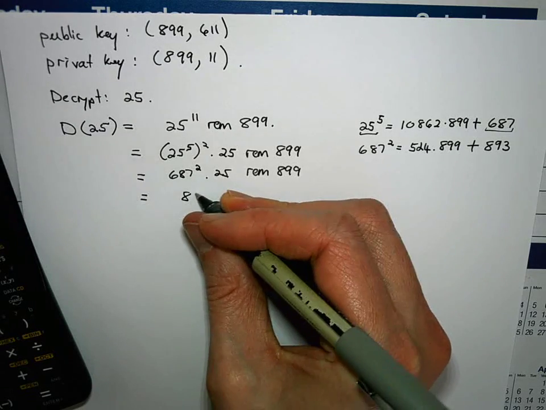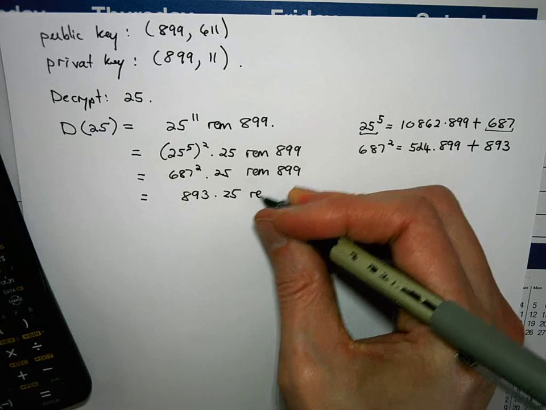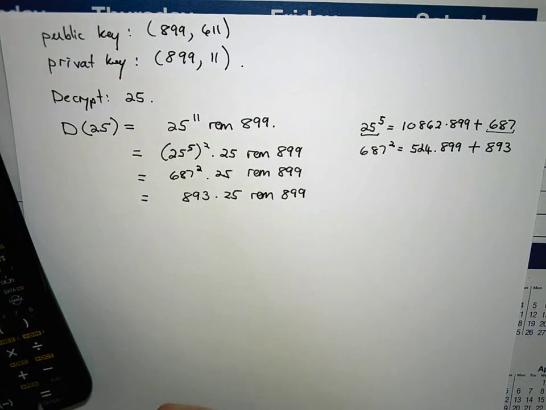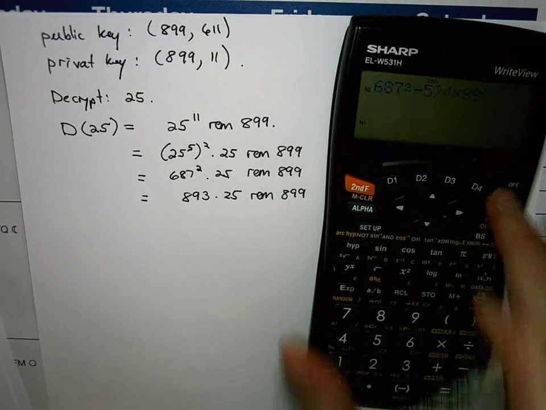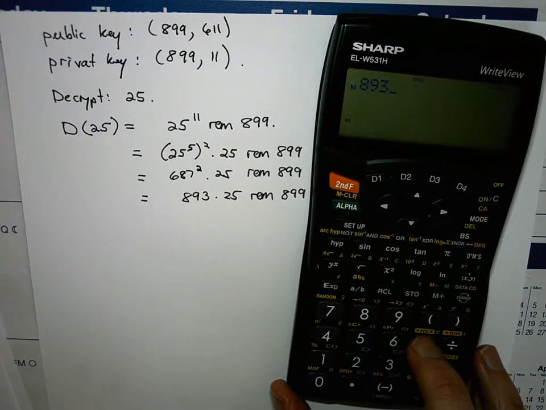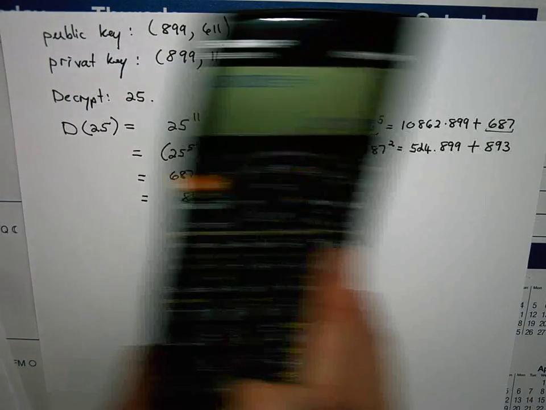So 893 times 25, remainder after division by 899. Let's see if we can calculate this. 893 times 25 is 22,325.